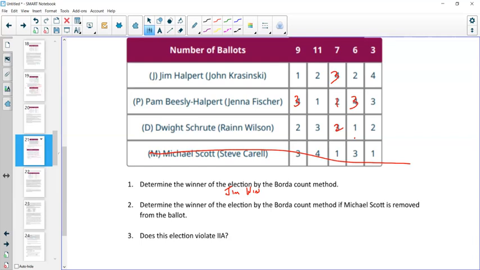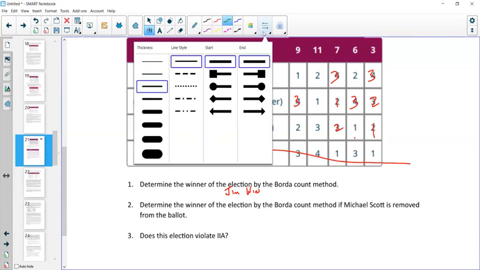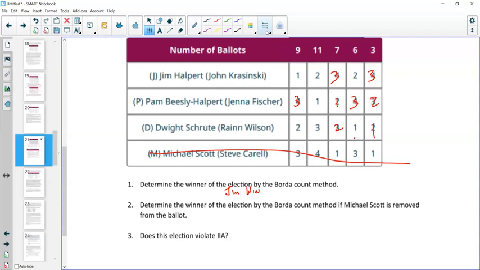This is 3. 1, 2, 3. Let's change our color so we can have some contrast. Okay, so now there's only 3 places. So the third place finisher gets dropped off. Get rid of them.